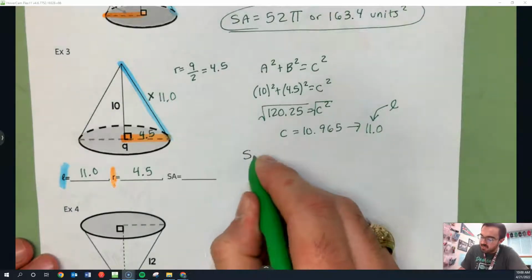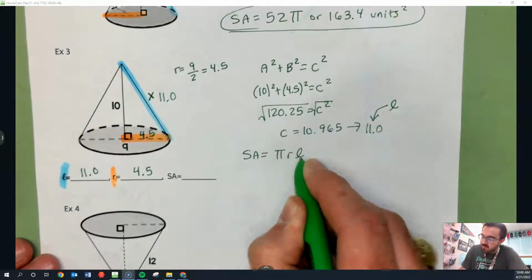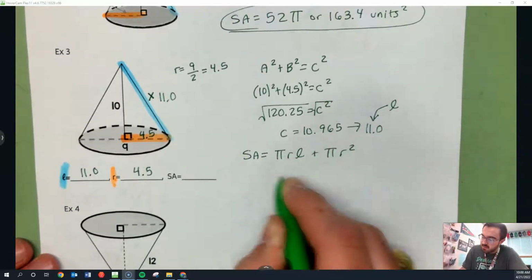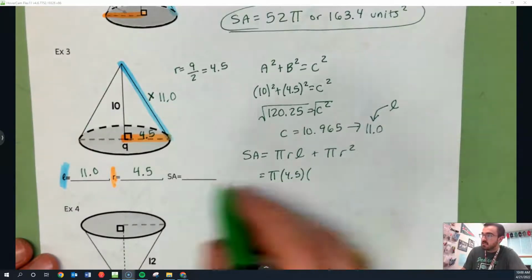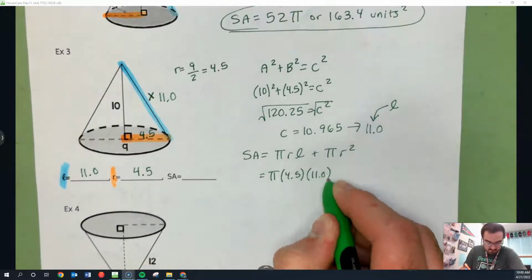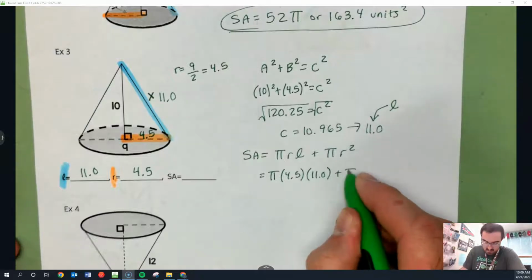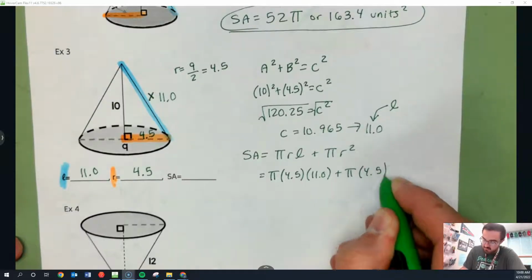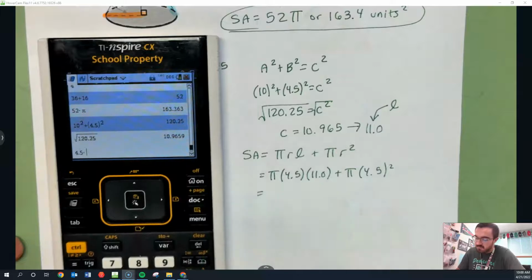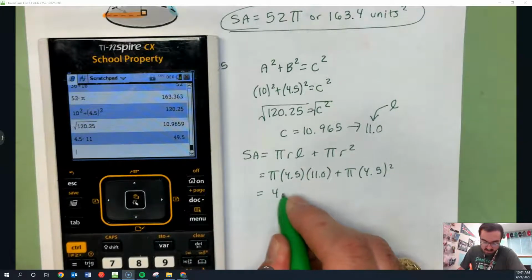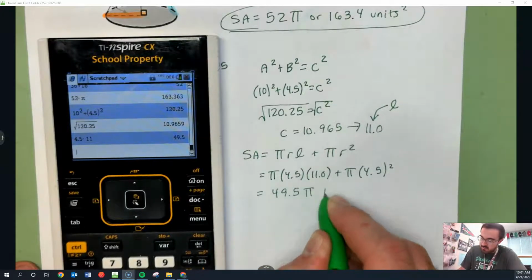So surface area equals pi r L plus pi r squared. Pi 4.5 times 11.0 plus pi 4.5 squared. If we put that in the calculator, we get 4.5 times 11, 49.5 pi is what I'm getting there.